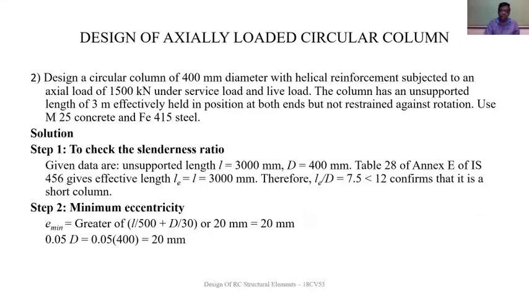Accordingly, the governing equation explained in the design of axially loaded rectangular columns, that is Pu equals 0.4 fck Ac plus 0.67 fy Asc, will be multiplied by a factor of 1.05 when it comes to the design of axially loaded circular columns with helical ties.